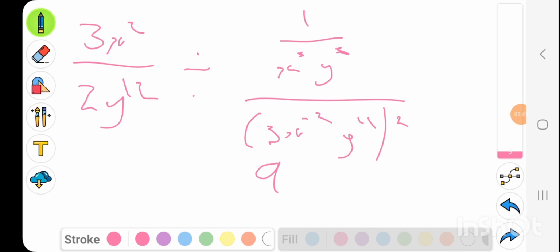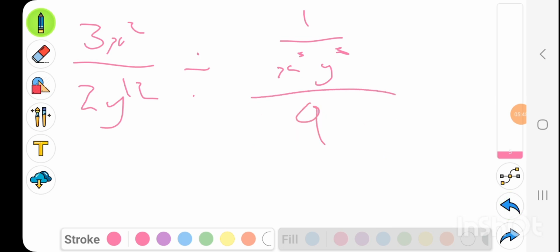So this is the unsimplified version of the second fraction. But this needs to be simplified a lot further.